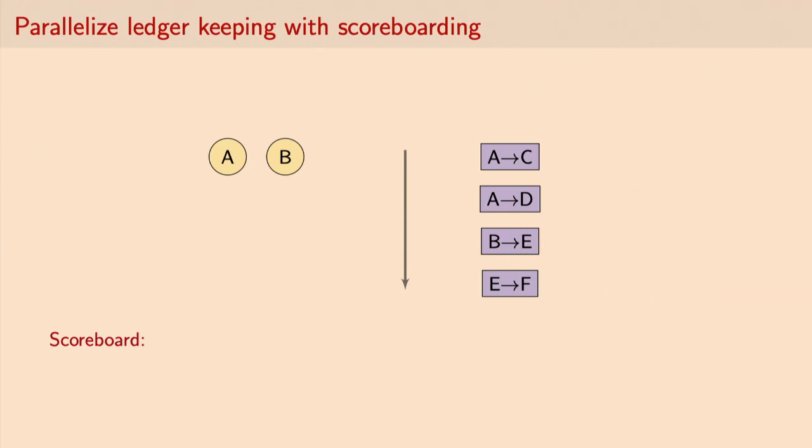And before executing another transaction, we're going to look up the scoreboard to see whether there is a coin that we're going to produce or use already present in the scoreboard. So for example, before starting the first transaction, we're going to note A and C in the scoreboard. And we have another CPU core, so we want to do another transaction. We found that the second transaction is touching the coin A again, so that's a conflict.